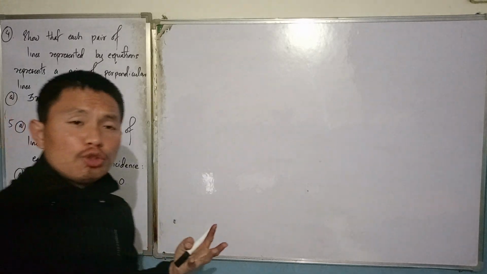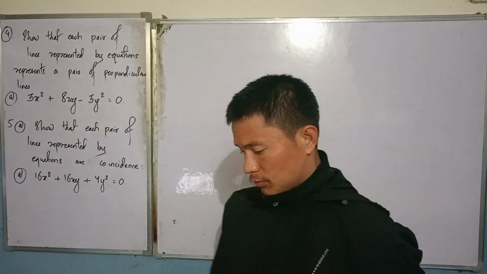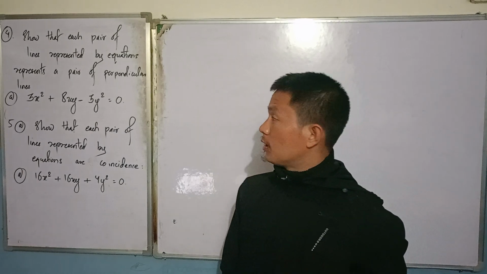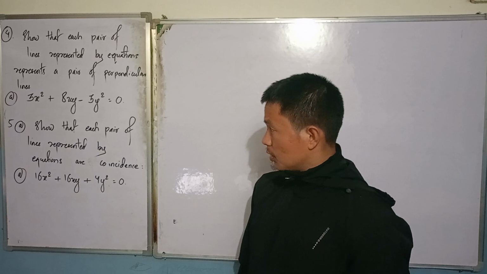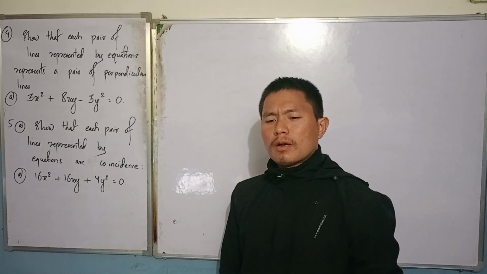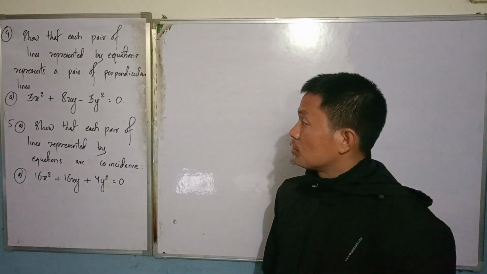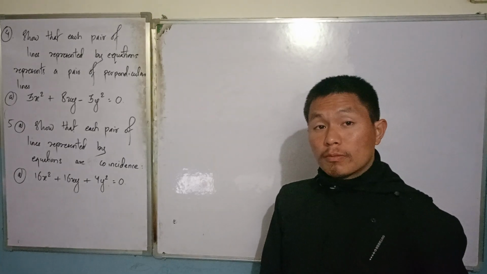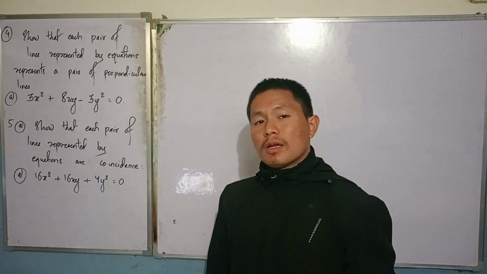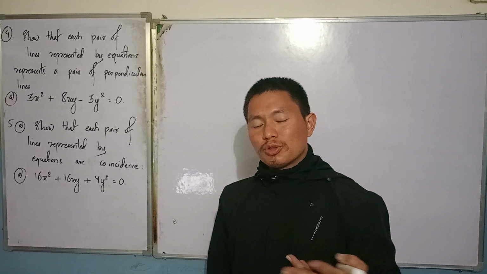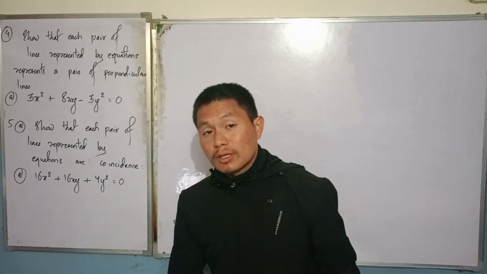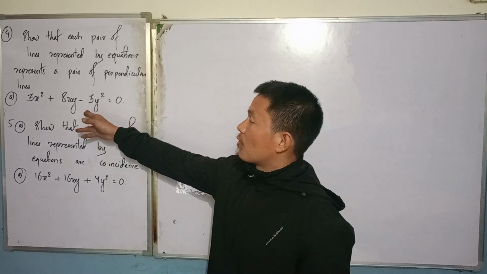So there are two ways of doing this, and I would like to introduce both. The first method is to use the slope form. Try to extract the slope of the two straight lines. To extract those two straight lines, first you have to factorize this.